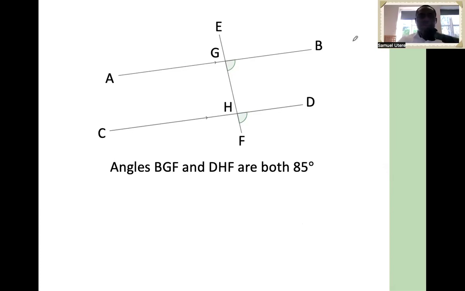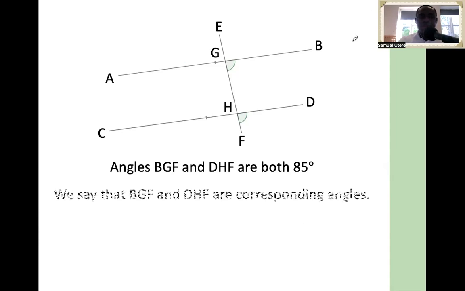But this time, we'll notice something interesting and different. So we say that BGF and DHF are corresponding angles. So remember the first one you learned about, alternate angles, where you can see an invisible Z shape that connects the angles that we are calling alternate.